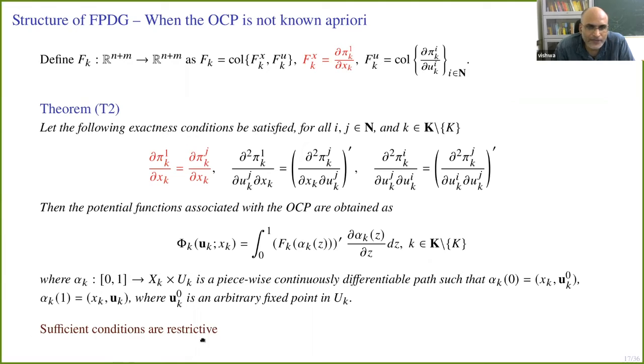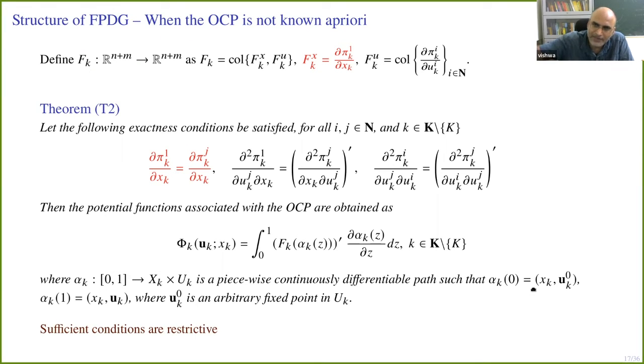So then we use these exactness conditions, and we can compute the payoffs associated with the optimal control problem at every stage. In principle, we can do that. But here, the sufficient conditions are quite restrictive, because x is not a decision variable, it is a parameter. The vector field we have is on both x and u. So the piecewise continuously differentiable path that I take must have x_k fixed.